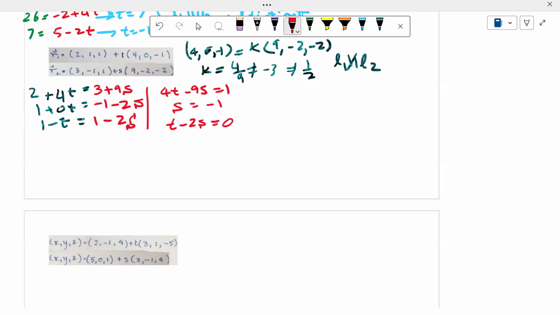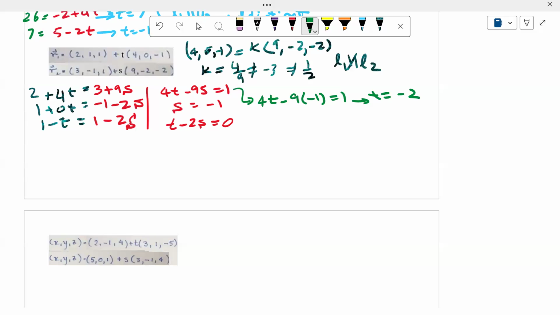All right, so this is an easier set of equations. If I put s into the top one and I want to solve for t, so 4t minus 9 times minus 1 is equal to 1, and t is equal to minus 2.